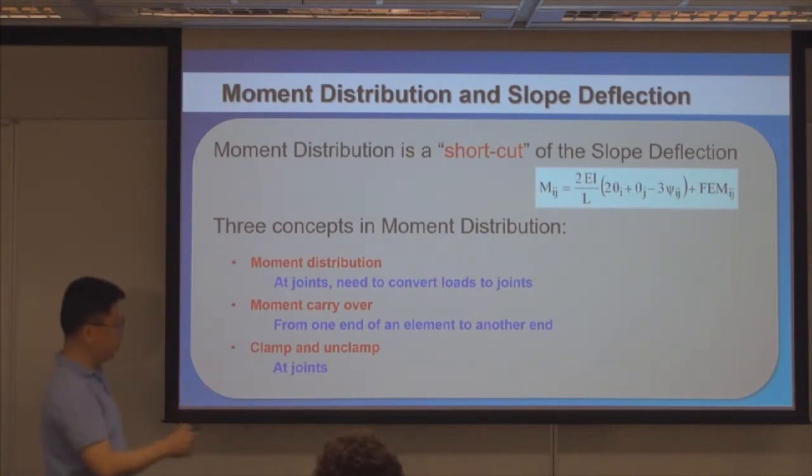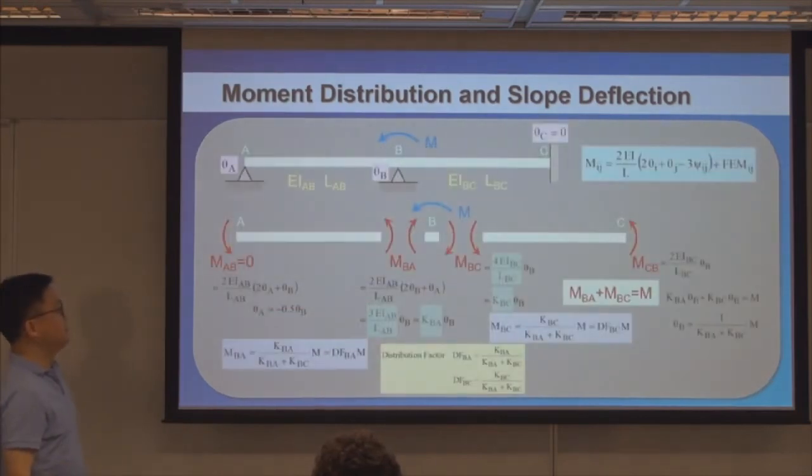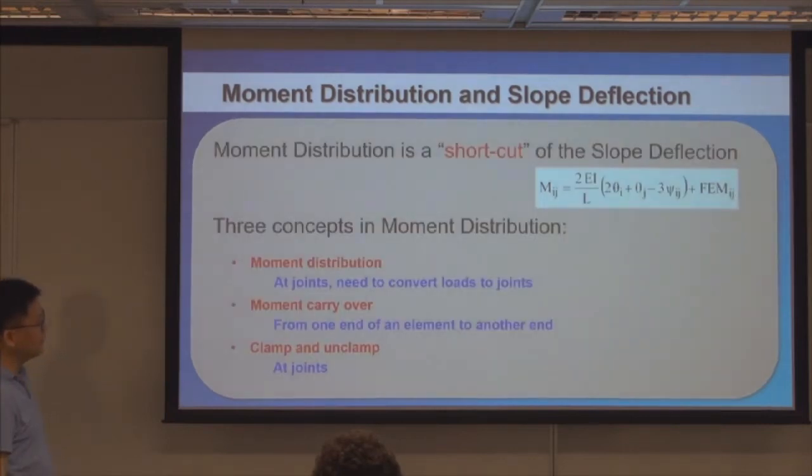Well, like in the previous example, you can calculate end moments here. But how about the end moment at the other end? So we can use a concept called carryover. We'll talk about that shortly. And then the last concept is the claimed and unclaimed approach. We will explain that further in detail.